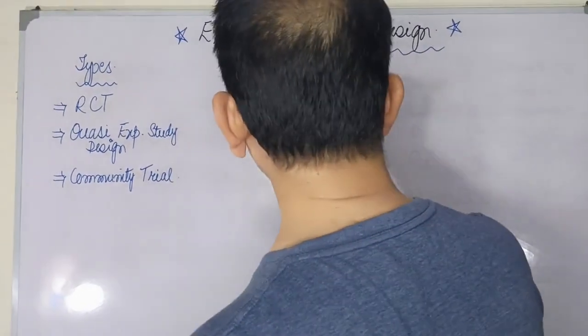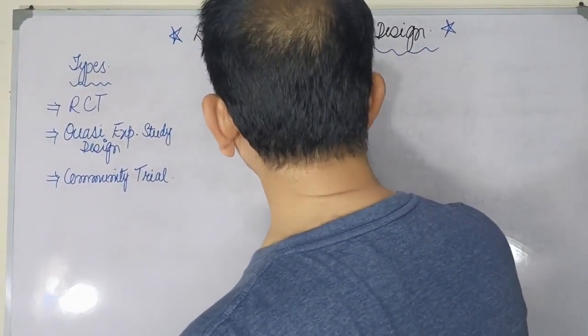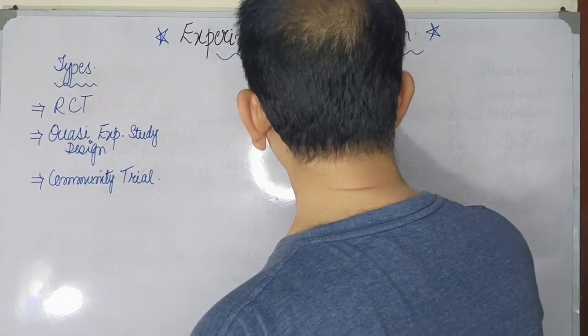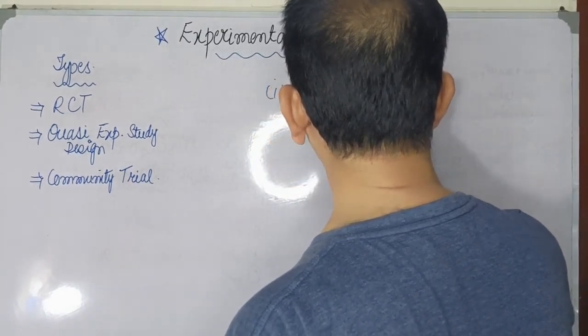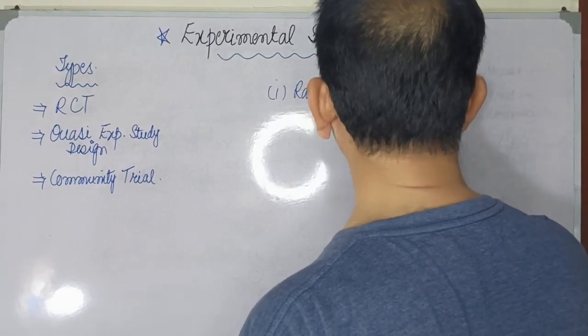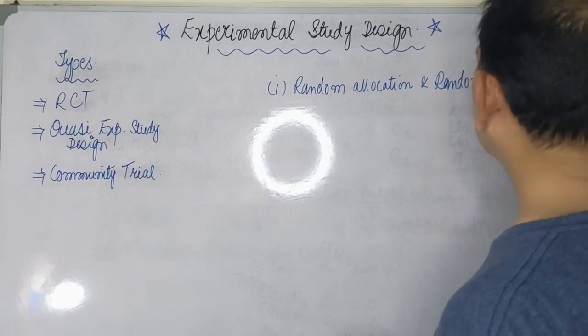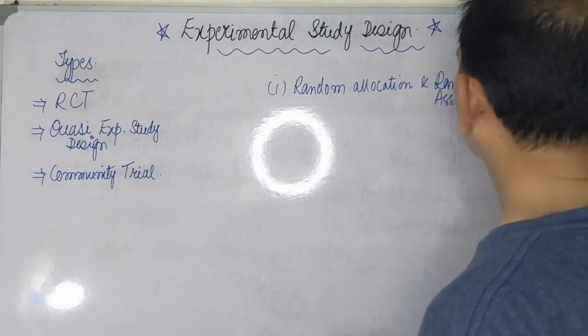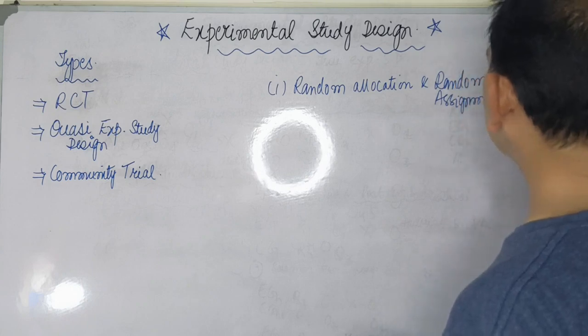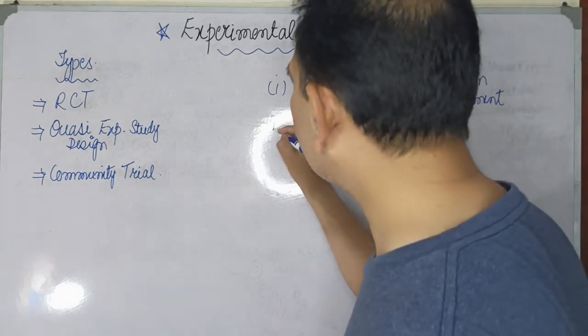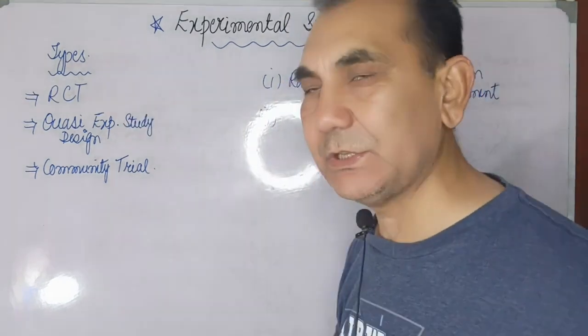The first feature, the key feature of the RCT, is random allocation and random assignment.